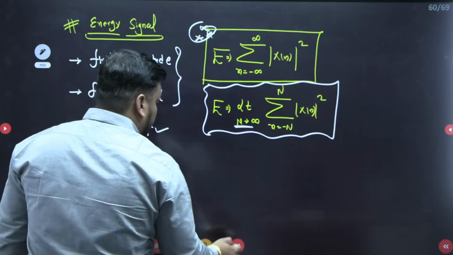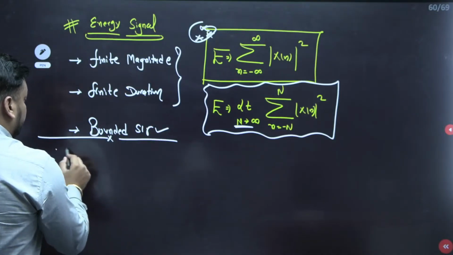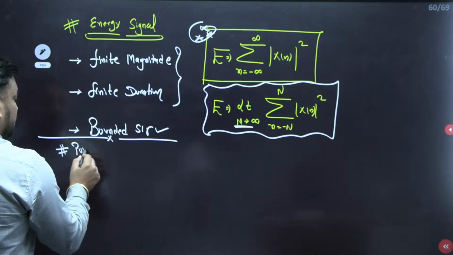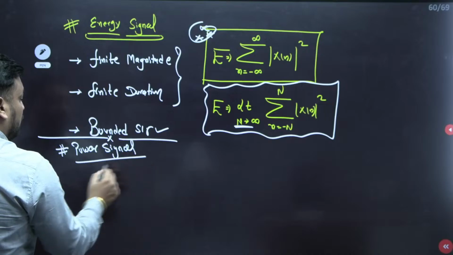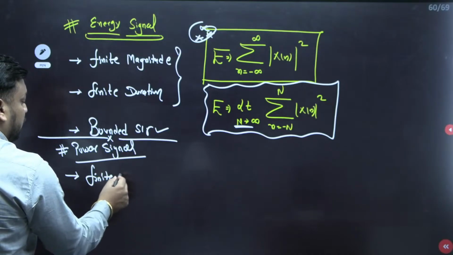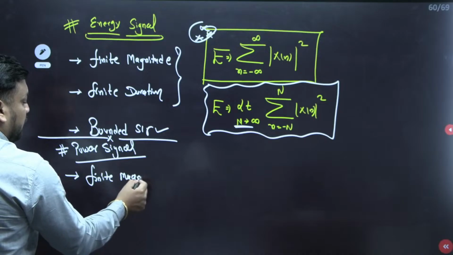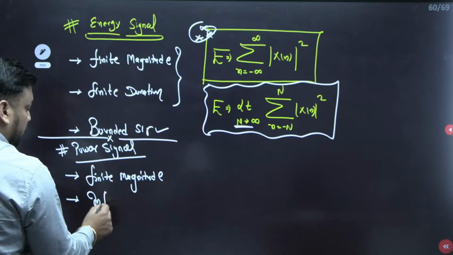Similarly, if I talk about the power formula, in the power case, what can we say? If I talk about the power signal, then power signals have, of course, finite magnitude but infinite duration.